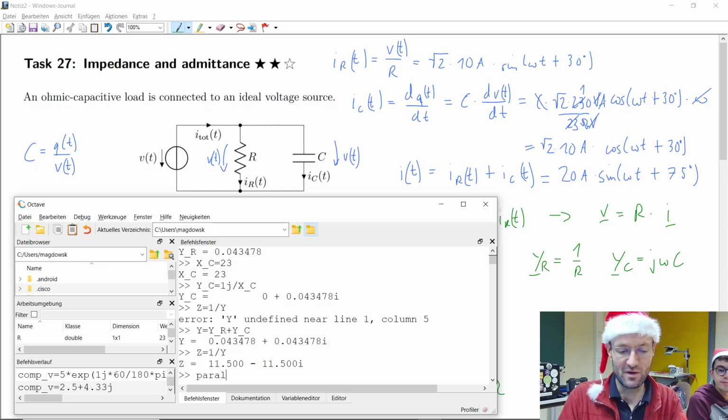So if I write down my usual parallel function here, a function that depends, not now on R but on Z, but of course it's just a name, so it's the same: the product divided by the sum.